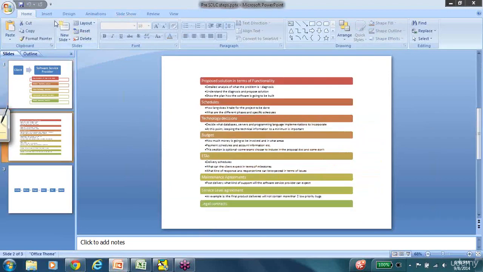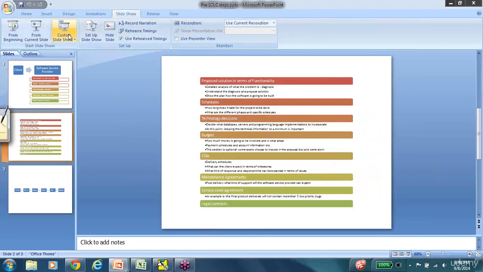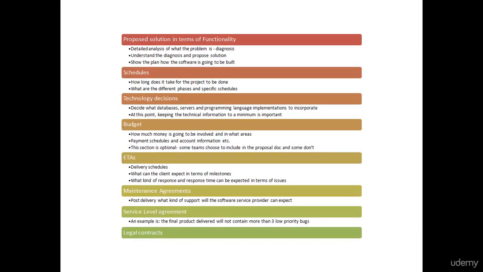Following which, each software service provider will prepare what is called a proposal document, and the proposal will have all this information. It will have the solution, schedules, technology details, budget, ETAs, maintenance agreements, so all kinds of agreements, legal contracts, everything will be a part of this proposal document.